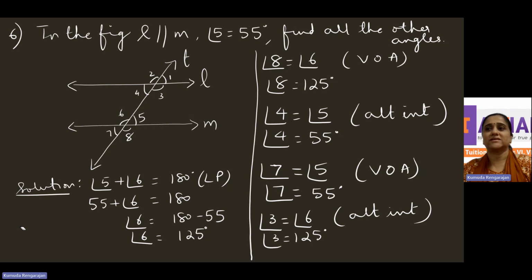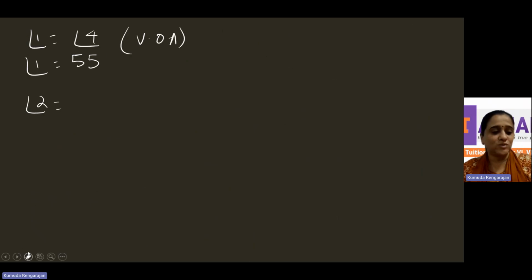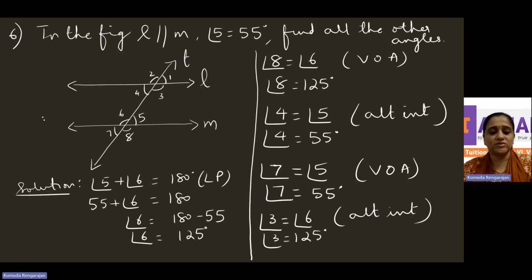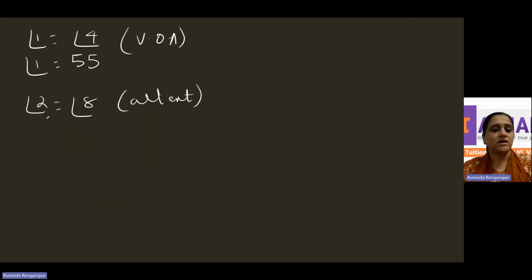Alternate exterior angles. Yeah, alternate exterior angles are equal. So angle 2 is equal to 8. How much is the 8? 125. So 2 is equal to 125.